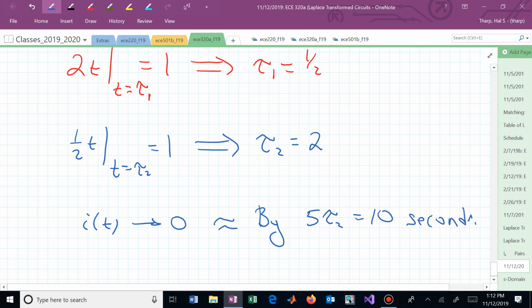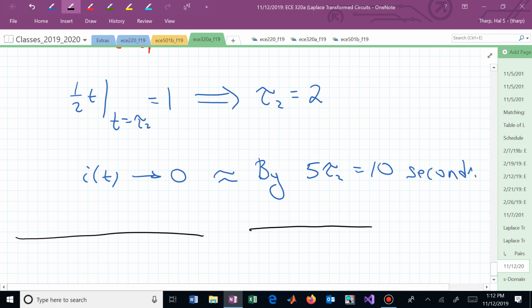We look at 5 tau of the slowest time constant, and that gives us how long we have to wait before everything is gone. What if, just for grins, we wanted to find A, B, and C?